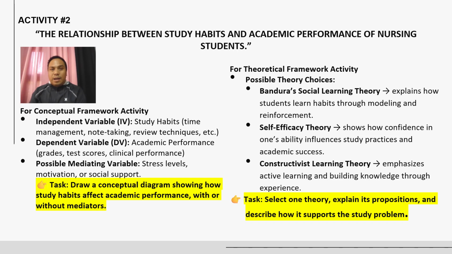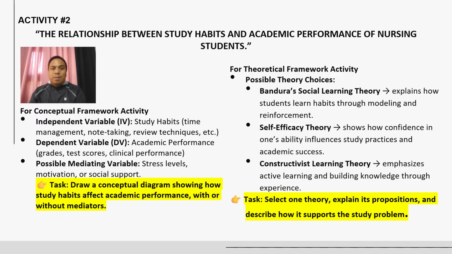Okay. For your activity, please take time to read each item carefully and write your answer on your short coupon bond, handwritten. Separate it. One coupon for conceptual framework and one coupon for theoretical framework. And submit it to me on Monday, September 15. So, as you can see, already flashed on your screen, andyan na po yung instruction.